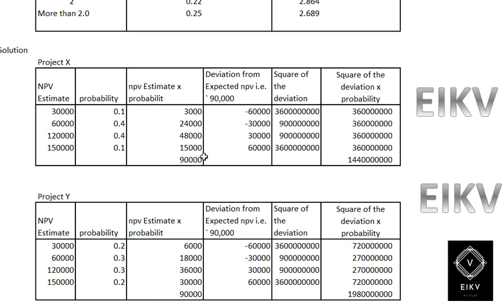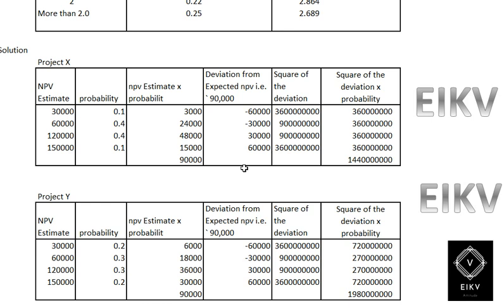So x dash is 90,000, minus x, which is 30,000, 60,000, 1 lakh 20,000 and 1 lakh 50,000. Therefore 30,000 minus 90,000 will give you negative 60,000, and 60,000 minus 90,000 will give you negative 30,000, and then 30,000 and 60,000.